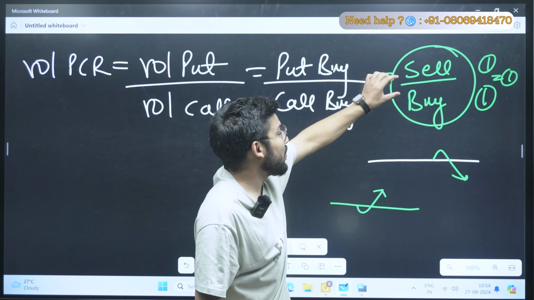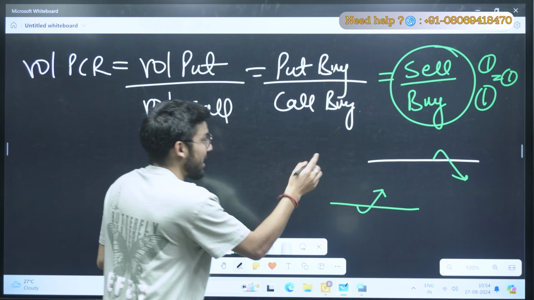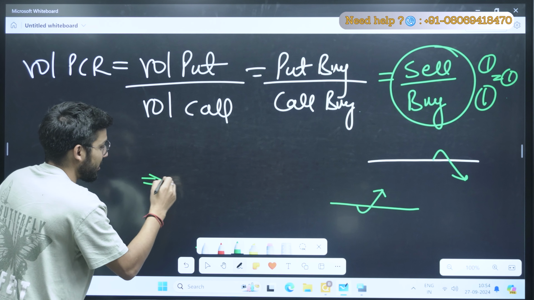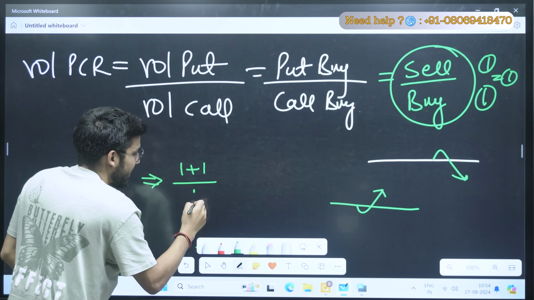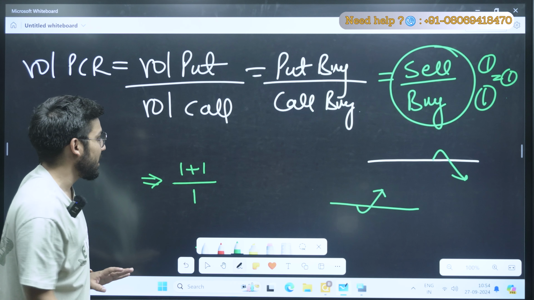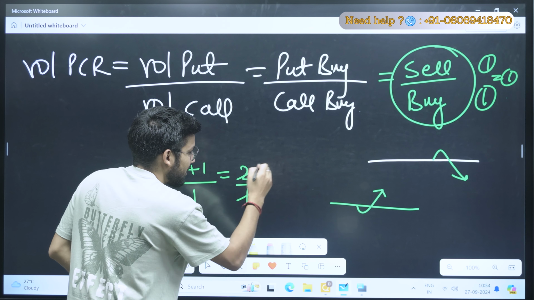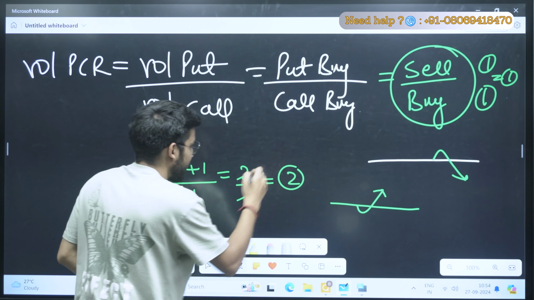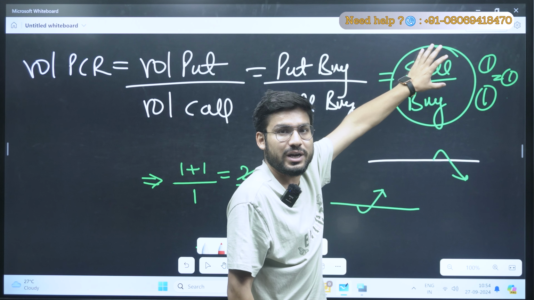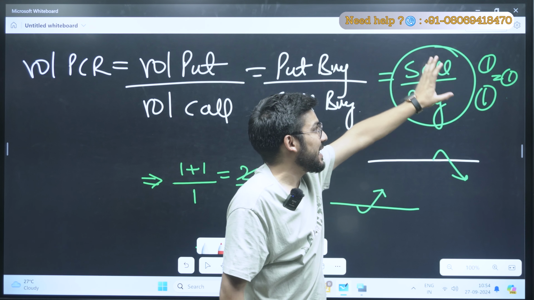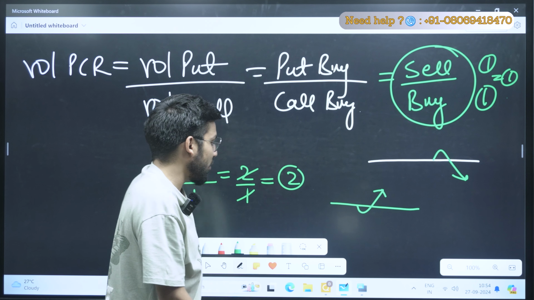Now if I increase one more seller here, 1 plus 1, and keep this at 1, it is 2 upon 1, so the ratio will be 2. It means if I increase the sellers by any quantity, it will give me a reading of more than 1.